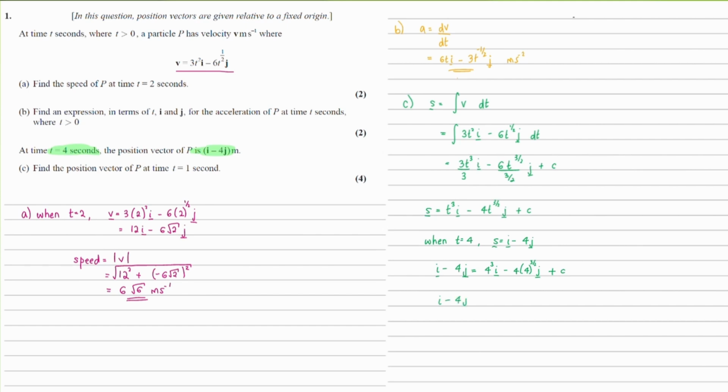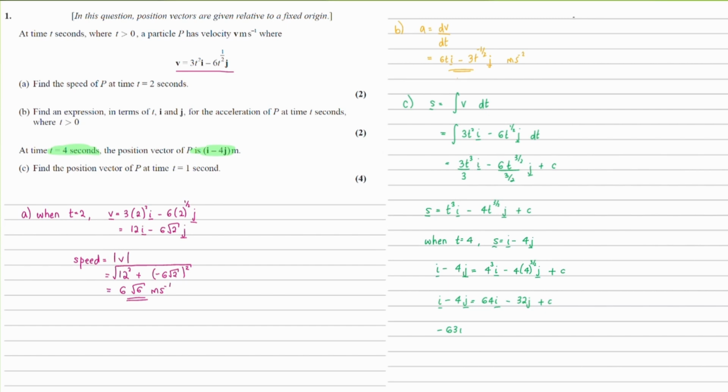So i minus 4j is equal to 4 cubed, which gives us 64i. 4 to the power 3 over 2 is 8, and 4 times 8 gives us minus 32j, plus c. If we take away 64i on both sides, this gives us minus 63i.